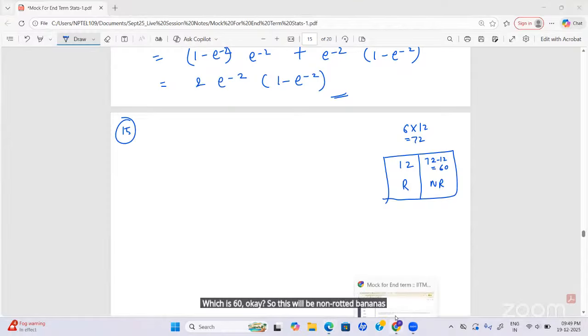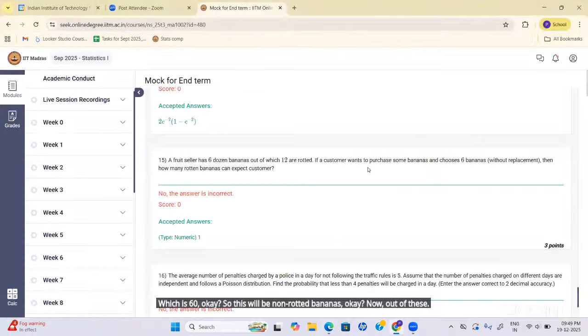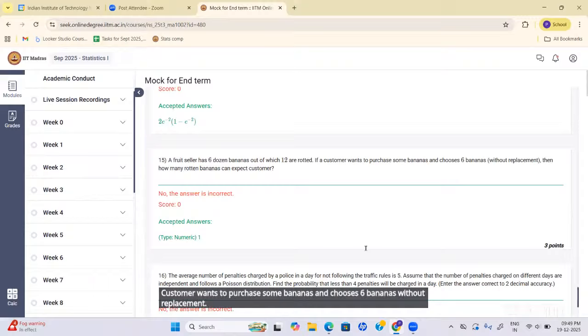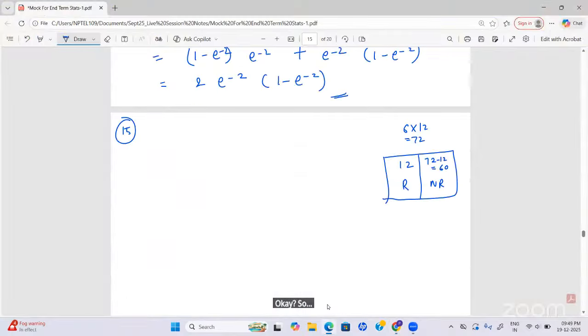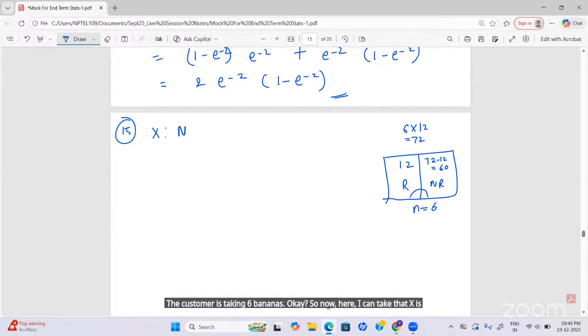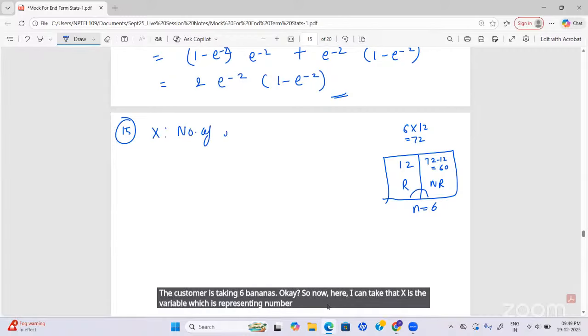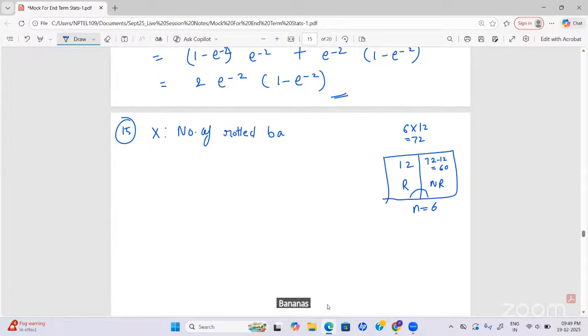Now the customer chooses 6 bananas without replacement out of these 72. So here I can take x as the variable representing the number of rotted bananas selected.